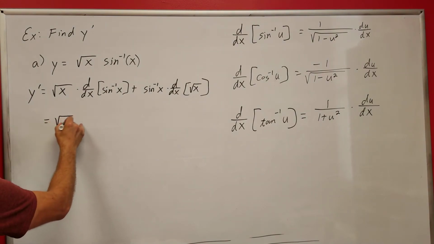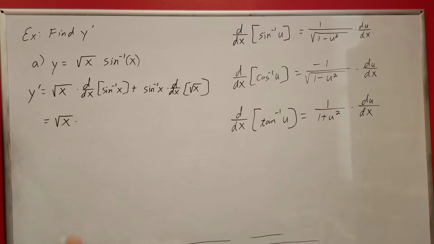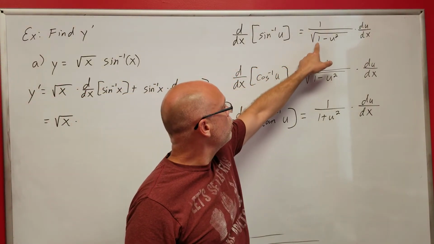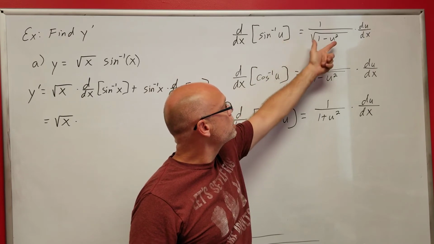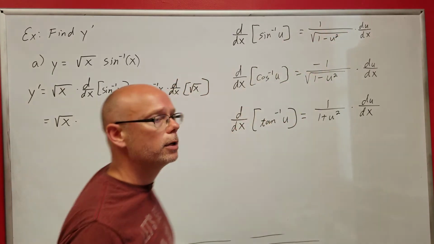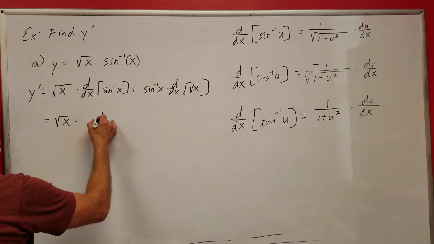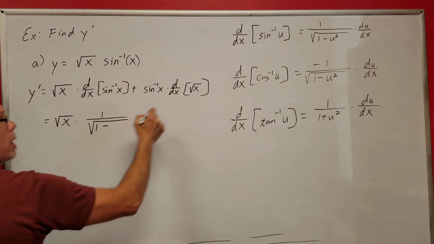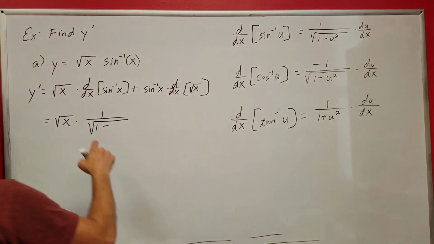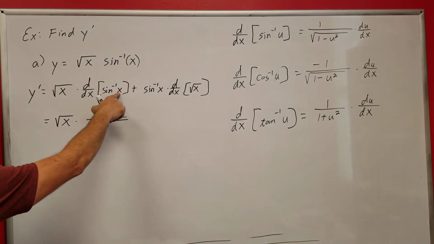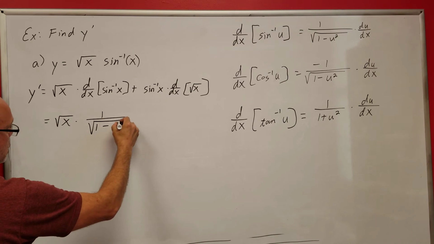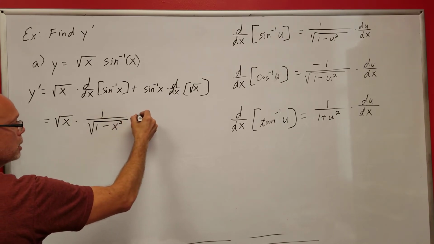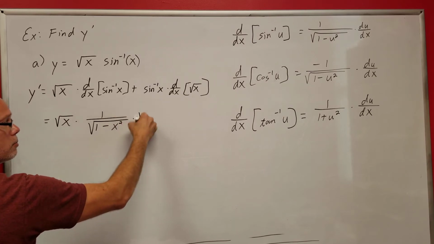So square root of x comes down. Derivative of the inverse sine, what does this say? It's 1 over the square root of 1 minus the argument squared times the derivative of the argument. What is the argument here? X. So I'm going to have 1 over the square root of 1 minus x squared times the derivative of that argument. What's the derivative of x? It's just 1.